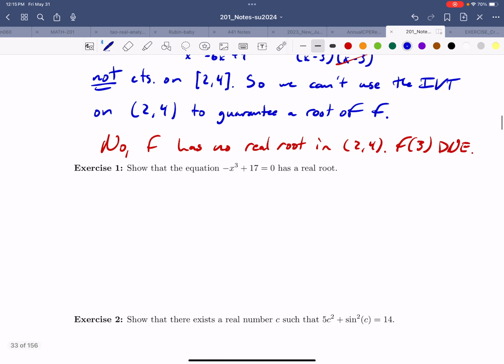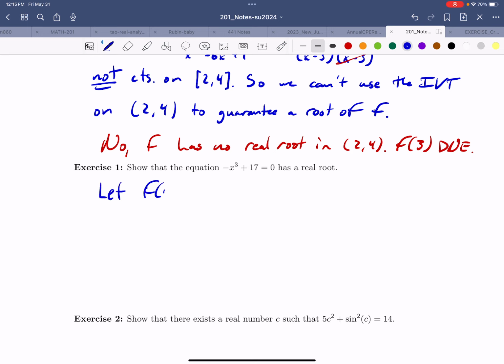All right, let's take a look. Show that this equation has a real root. Well, again, same thing as before, right? Let f of x equal your function. Right? F is continuous everywhere. It's a polynomial.